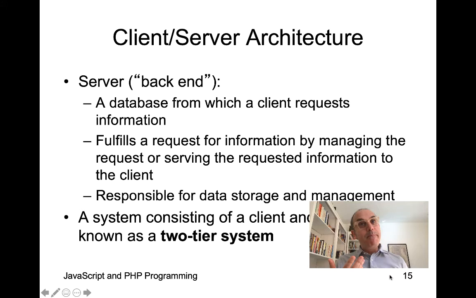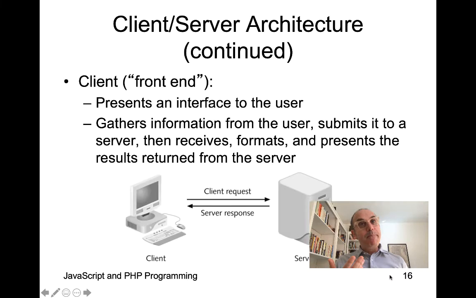It's usually called a two-tier system, and the idea is that it requires the ability for data storage and management, but it also allows us to develop an interface that people can log on to. So again, the idea of front end and backend.